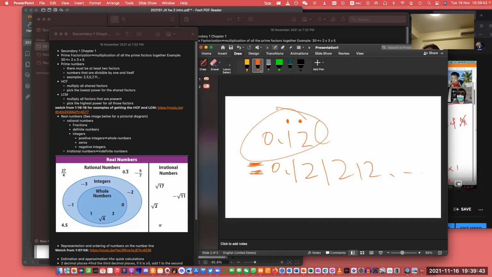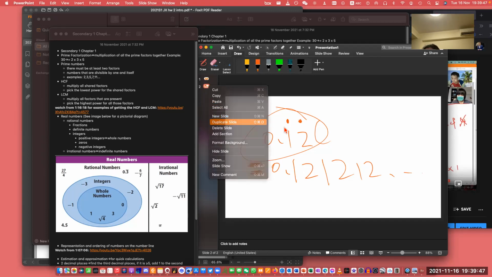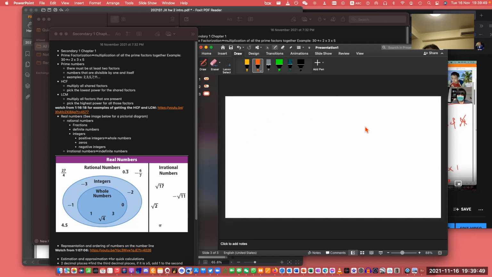So the difference between this 0.12 with 2 dots above versus 0.1234 all the way. This is the irrational number.